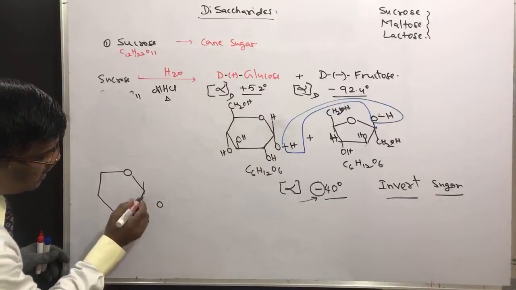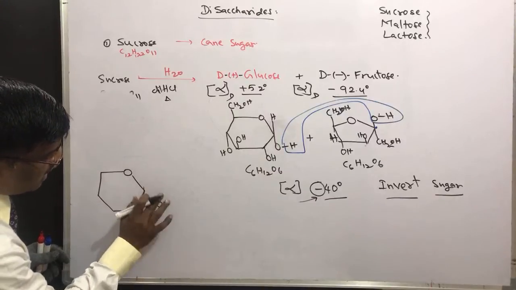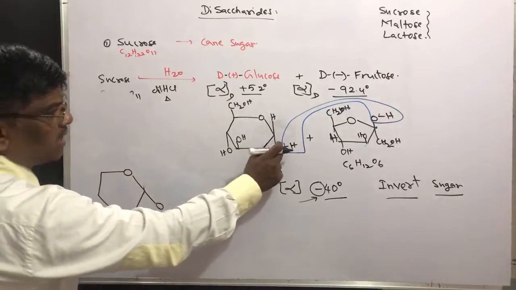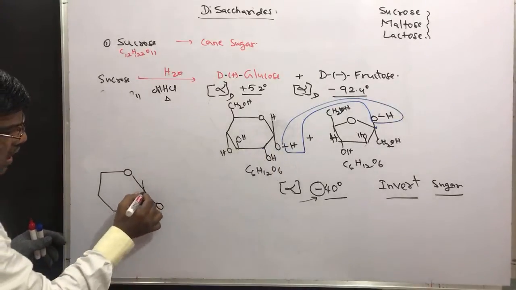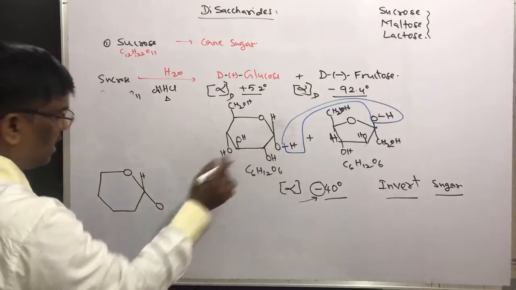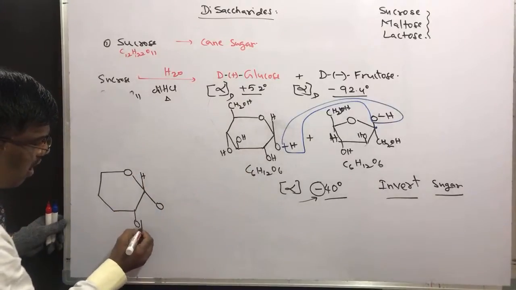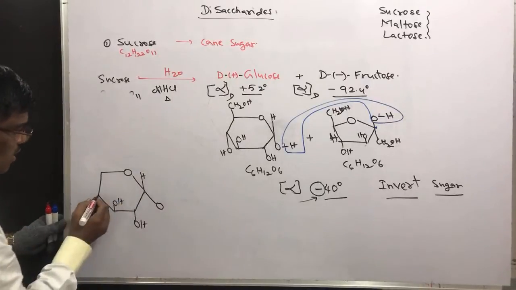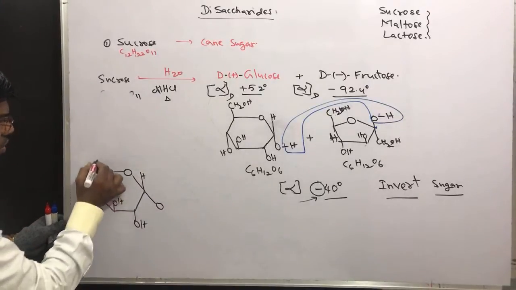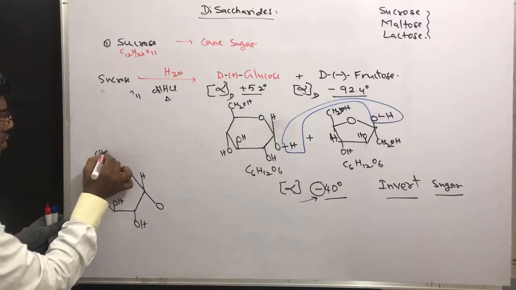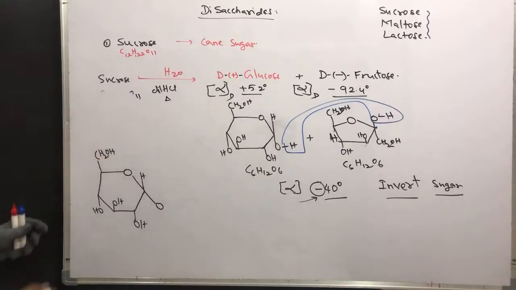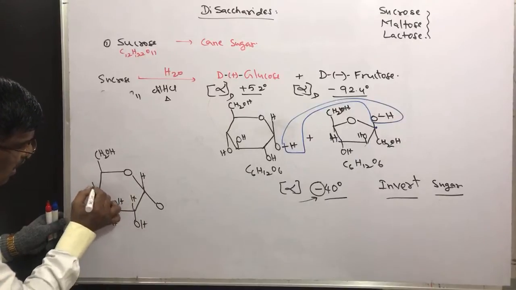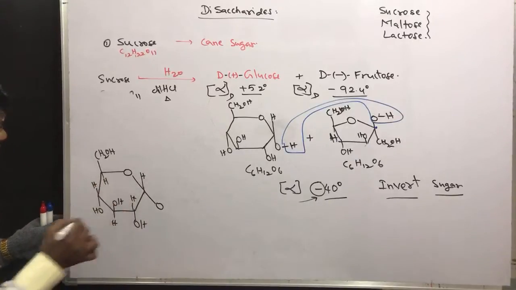I will write this way. Downside, or I can write this way. O. This is alpha hydroxy and hydrogen is here. Remaining I am going to write hydroxy, and this is hydroxy and this is hydroxy. It is understandable, students. So remaining is hydrogen, anyhow I will write for you hydrogen, hydrogen and hydrogen.